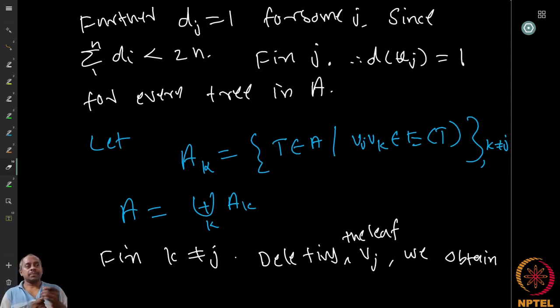Every path from this vertex to every other vertex, because the tree is connected, goes through the neighbor. So if I remove this particular leaf, the remaining graph is still connected. It's something you can immediately see from the structure of a tree. If you remove a leaf, it does not affect the connectivity of the remaining part.